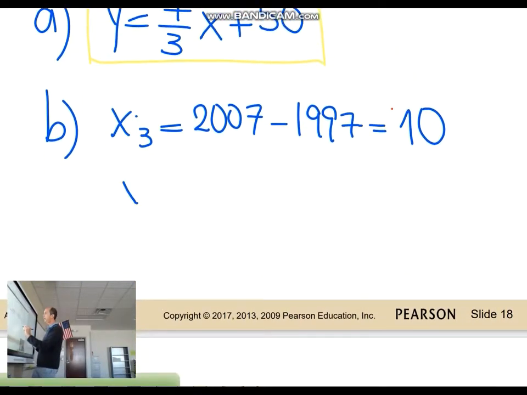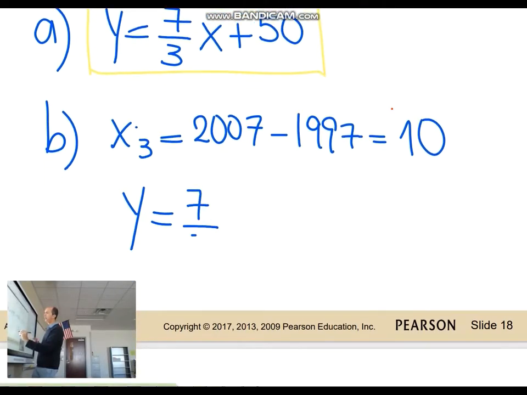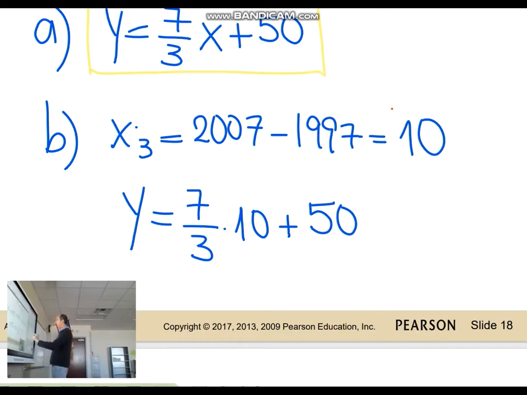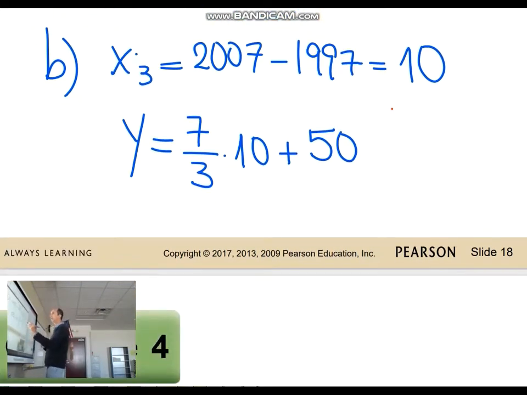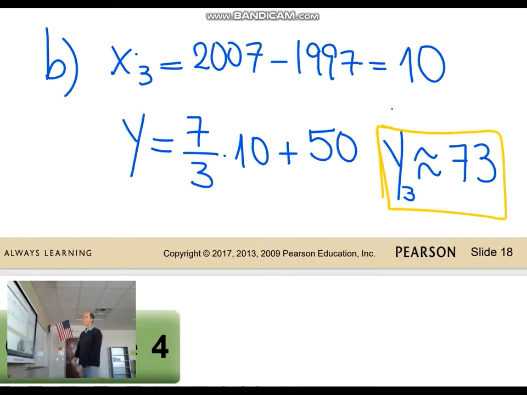Plugging into the equation, we have y equals 7 over 3 times 10 plus 50. And the number of employees, if you calculate it, it's going to be an approximation. Of course, it's an integer number. There's 73 employees in 2007. Okay?